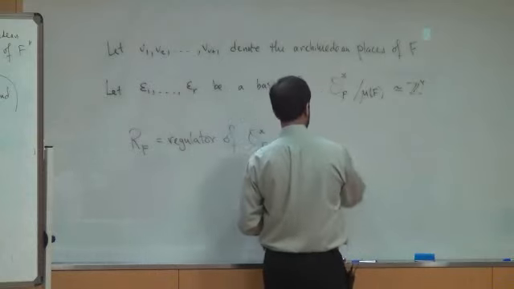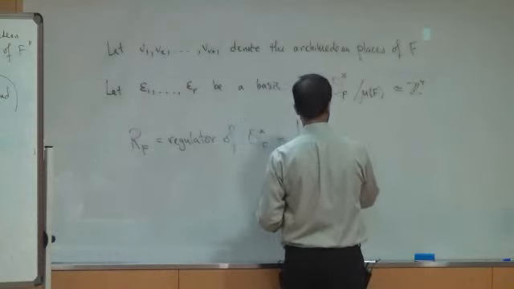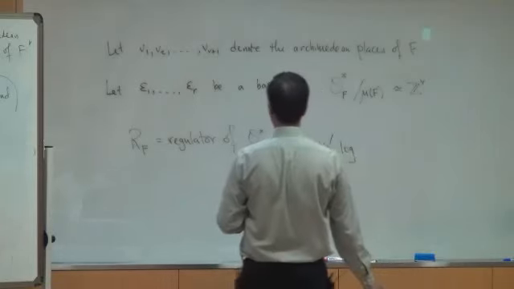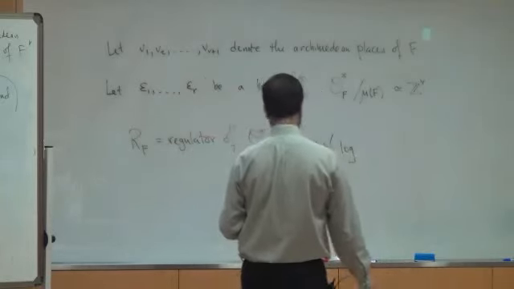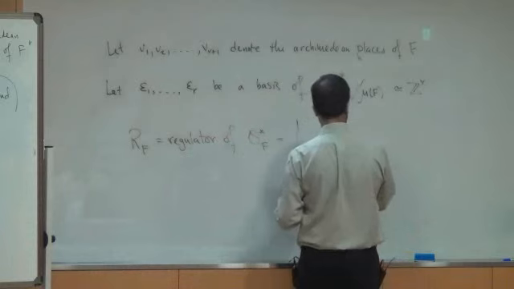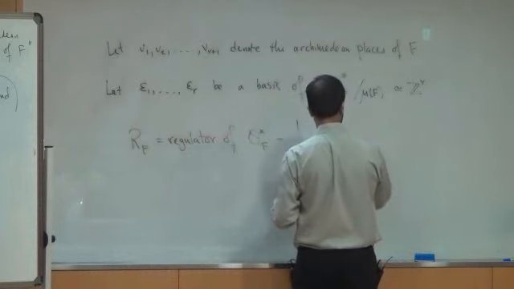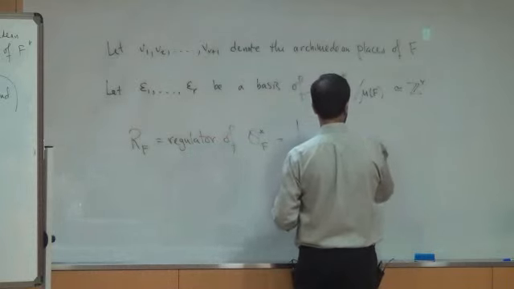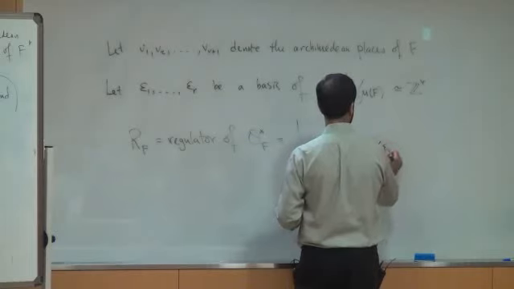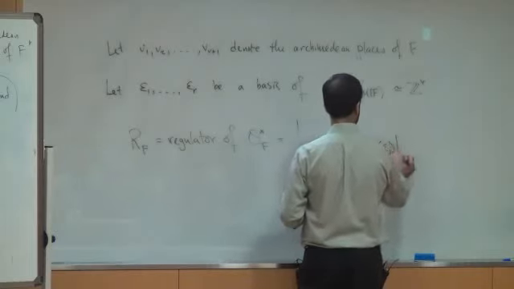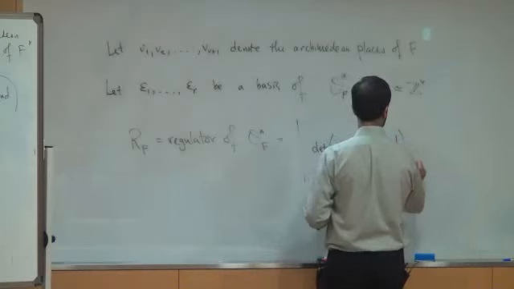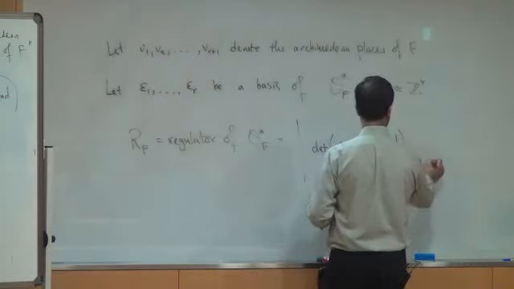It's an r by r matrix, and the ij-th entry is the absolute value of v_i of epsilon_j, as i and j go from 1 to r.